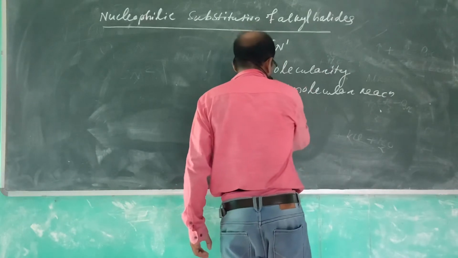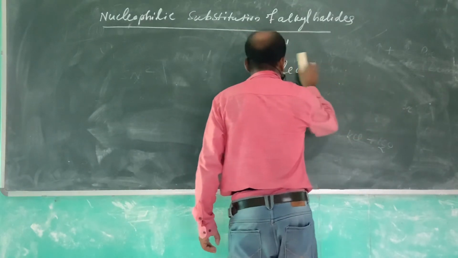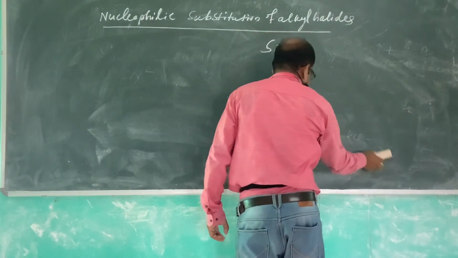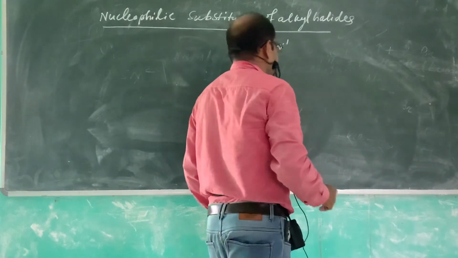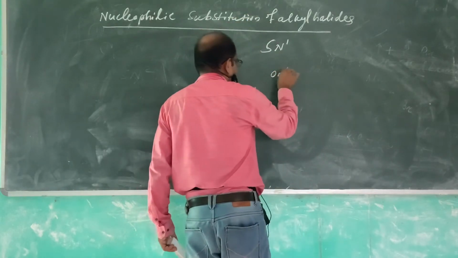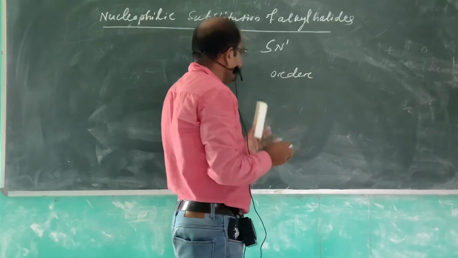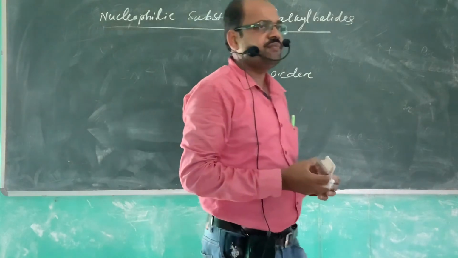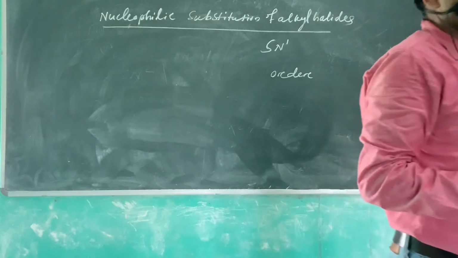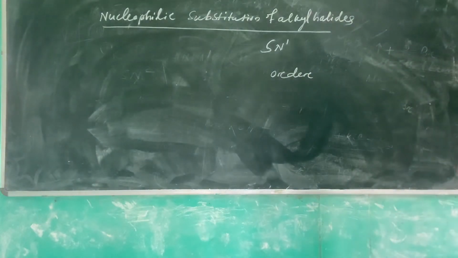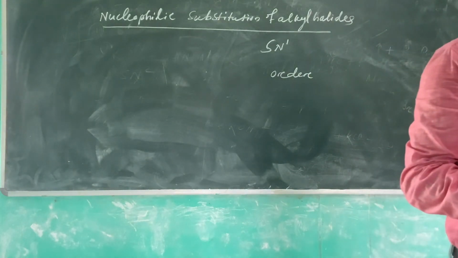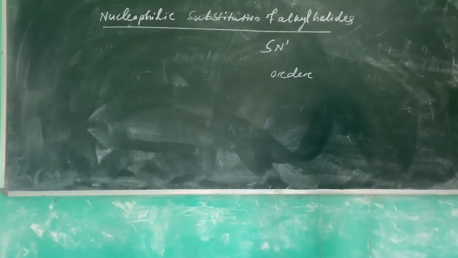Also, another term that we derive from chemical kinetics is called order of reaction. Molecularity is related to the order of reaction. Order of reaction means the sum of the powers of the molar concentration terms obtained from the slowest step of a chemical reaction.